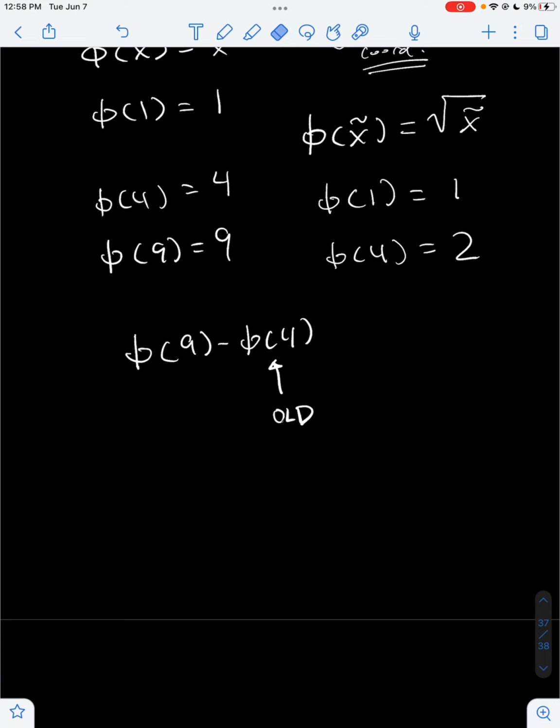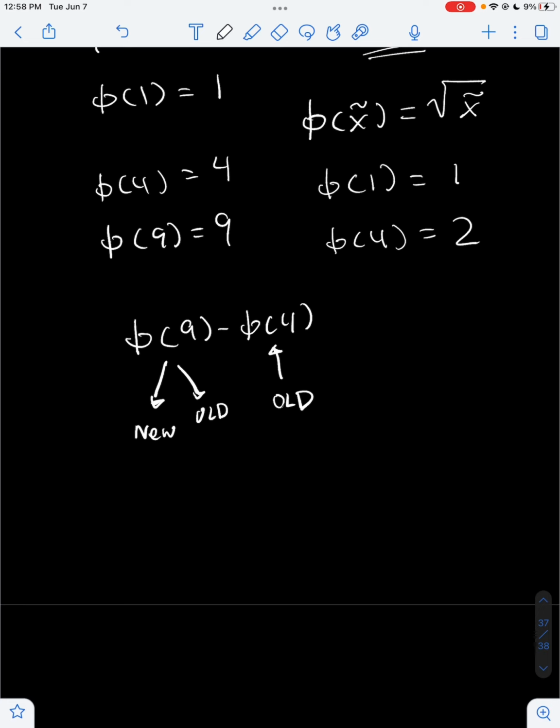But say we don't know whether phi of 9 is being measured in the new system or the old system. This makes the statement phi of 9 minus phi of 4 pretty ambiguous. So to solve this problem, we introduce gauge theory.